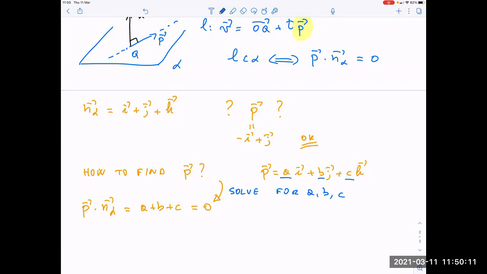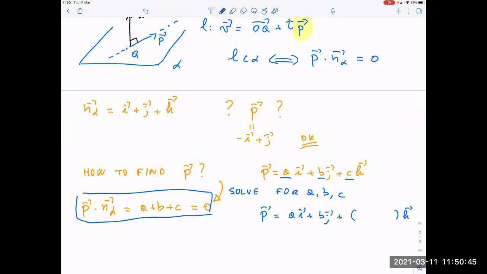I want to find an unknown vector. I give unknown coefficients to the components. Then I write down some equation. In this case, here is the equation, only one linear equation. There are many, many solutions. So all possible vector P that I can pick are simply of the kind A i, B j, and then what is going to be C. So what is the coefficient of k going to be? Can you tell me?